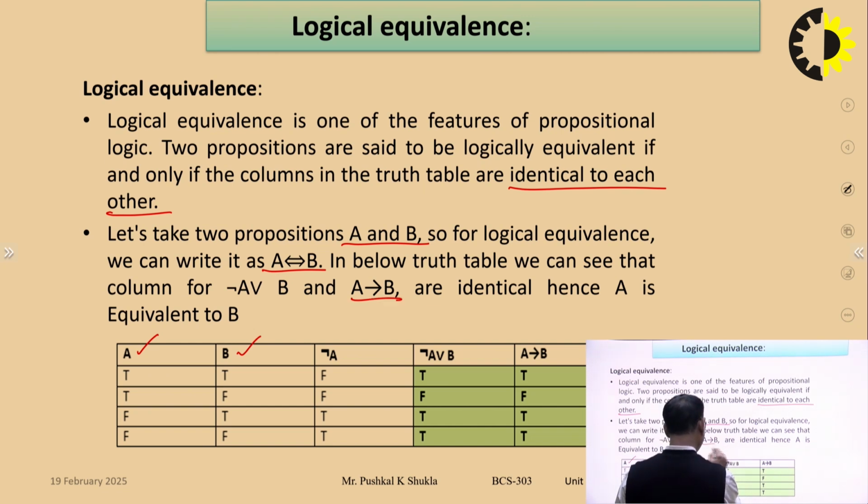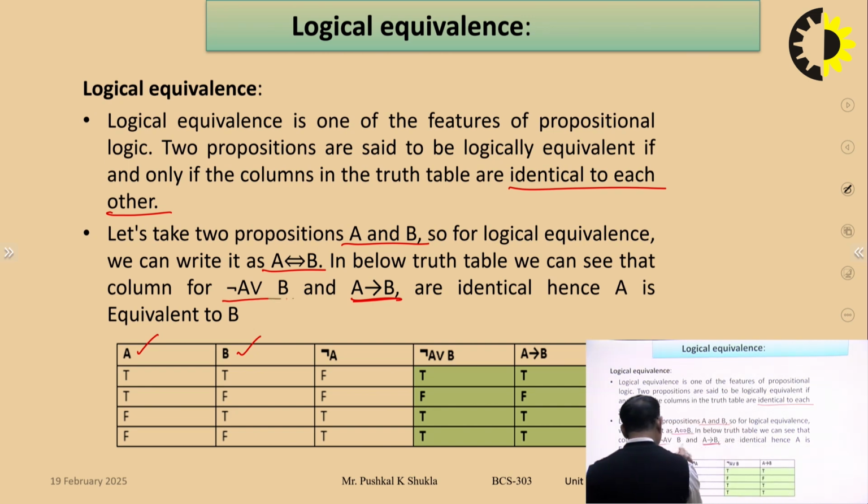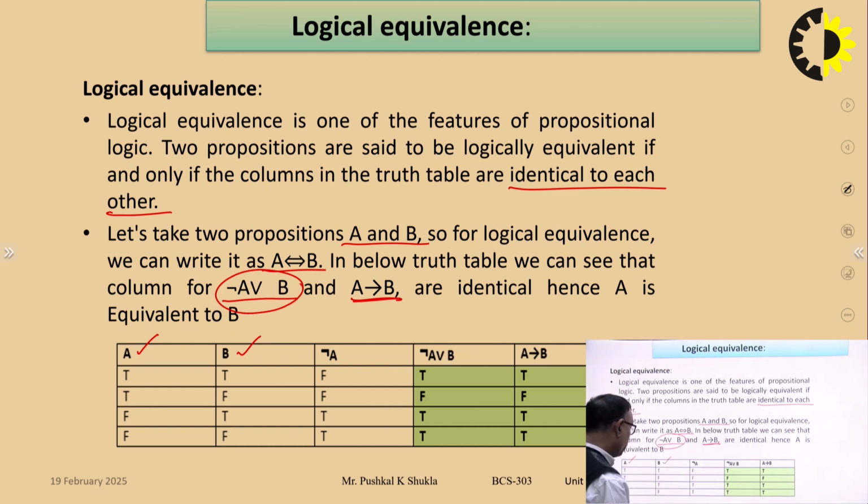So, A implies B and negation of A or B, logical or B, are logically equivalent. For this, we have to make a truth table. For negation A, true, true will be false, false again, then false, true and false, true.